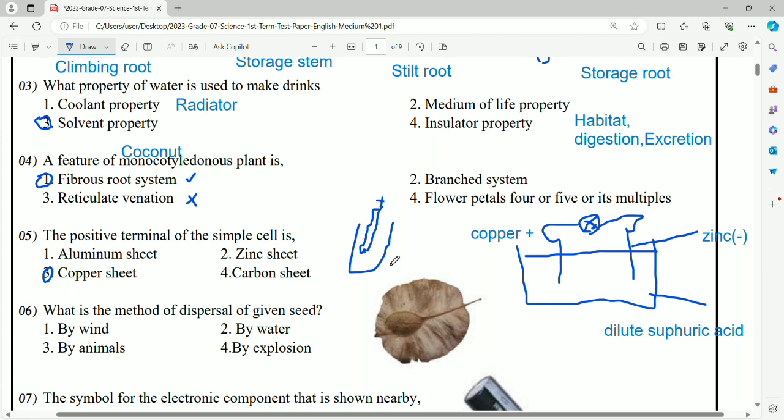In the dry cell, the zinc container is the negative terminal. In the dry cell, the positive terminal is the carbon rod and the negative terminal is the zinc container. But in the simple cell, the positive terminal is the copper sheet and the negative terminal is the zinc sheet.